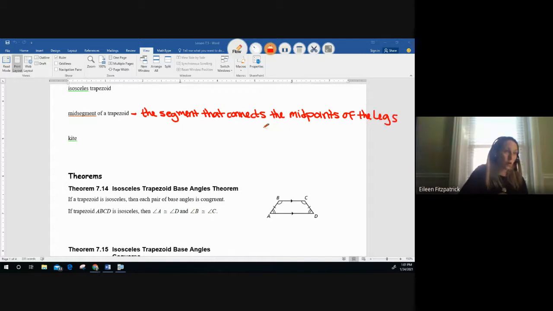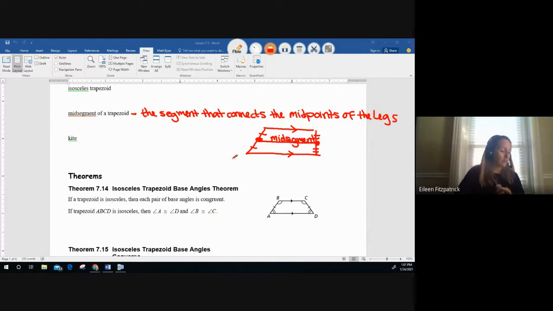Okay, so if you have a trapezoid, all right, top and bottom are parallel. That's how I know it's a trapezoid. Midpoint of this leg, midpoint of this leg, connect them together. That connecting segment is called the midsegment. And we're going to learn more about the mid-segment later on, okay?